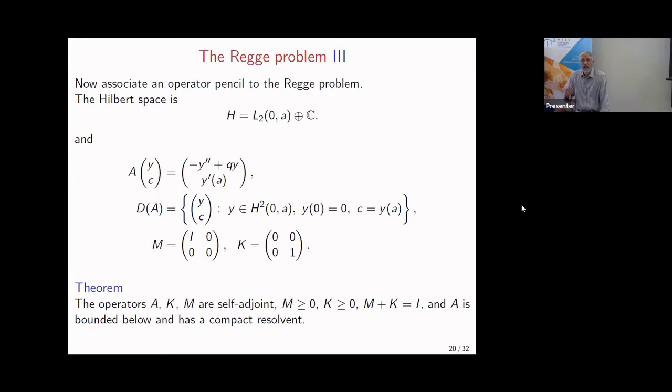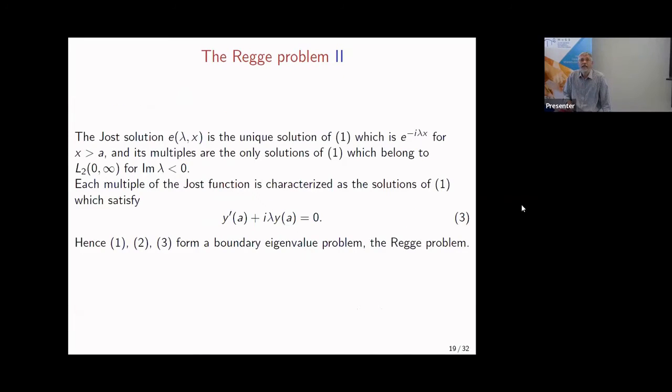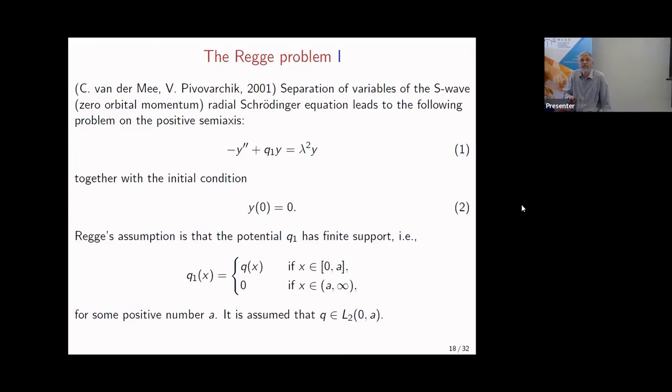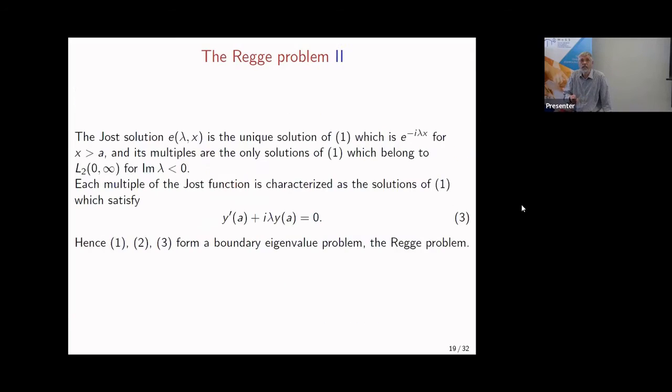So that we get the lambda squared as the differential part, and K is 0, 0, 1. You see, we have the lambda squared in the differential equation, and here we have the linear lambda in the boundary condition.